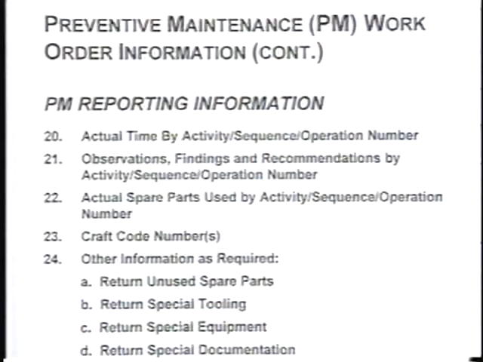Now, moving to page number 12, we're talking about the PM reporting data, and here again we're tied in with the storeroom under step number 24, and that is if there are unused spare parts, they have to be returned to the storeroom.